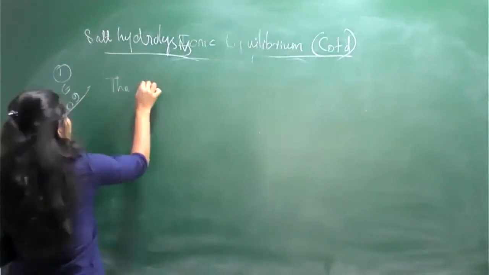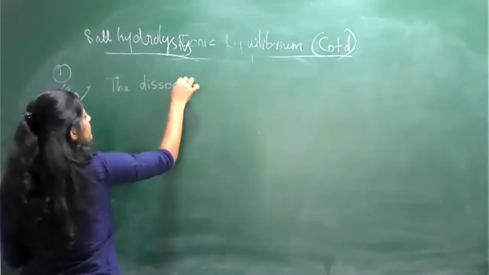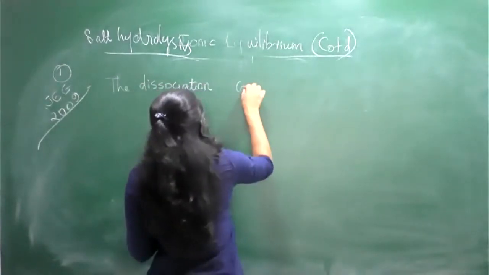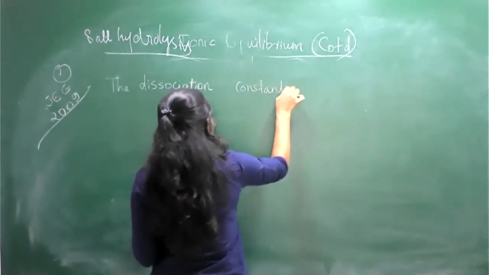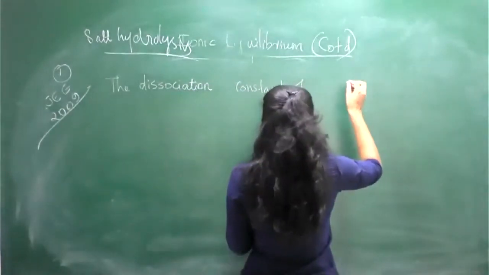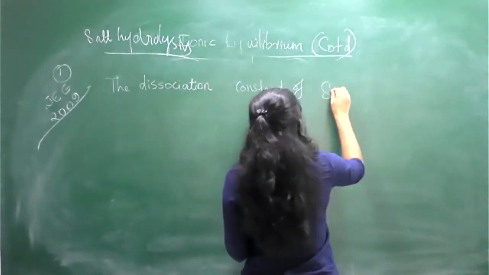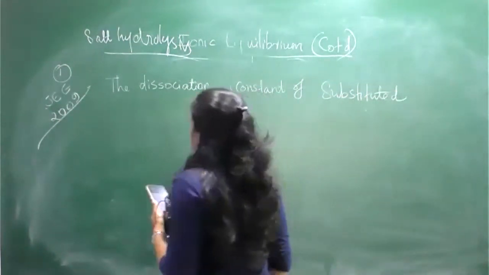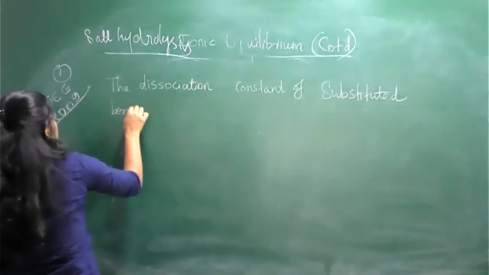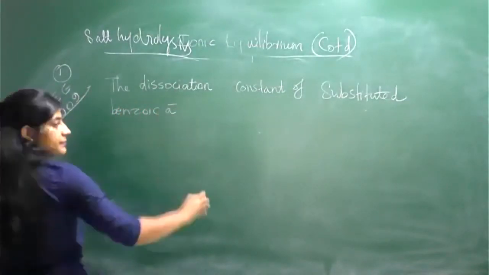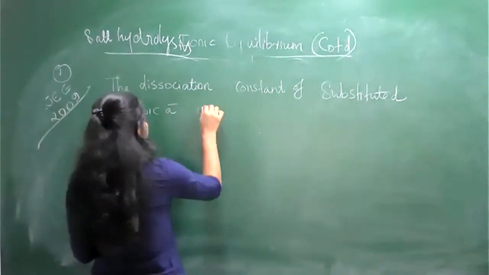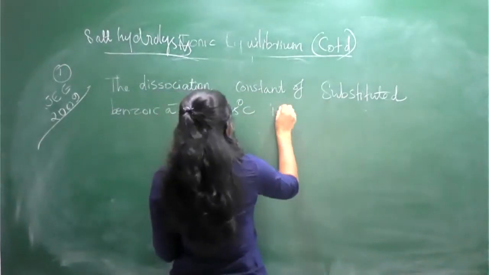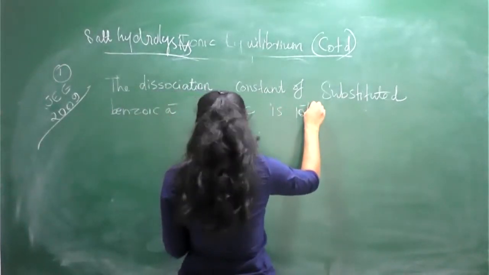The dissociation constant of substituted benzoic acid at 25 degrees Celsius is 10 to the power minus 4.